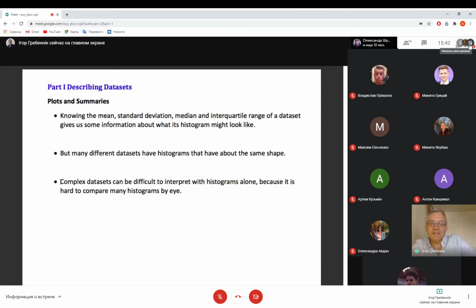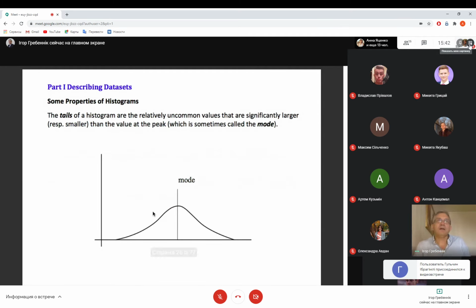If we have a complex data set, it will be difficult to interpret histograms alone, because it is hard to compare many histograms by eye. These are reasons to consider other approaches for analyzing histograms and representing data sets.